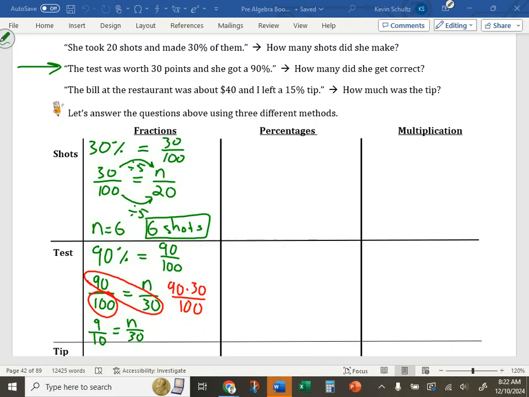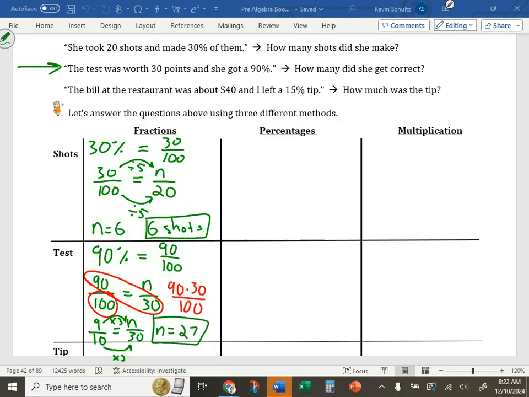Can you see how we can get 27 from this? Now, multiply by 3, right? We can get from 10 to 30 by multiplying by 3. We can then do the same thing to our 9 up top, and 9 times 3, n equals 27 either way.